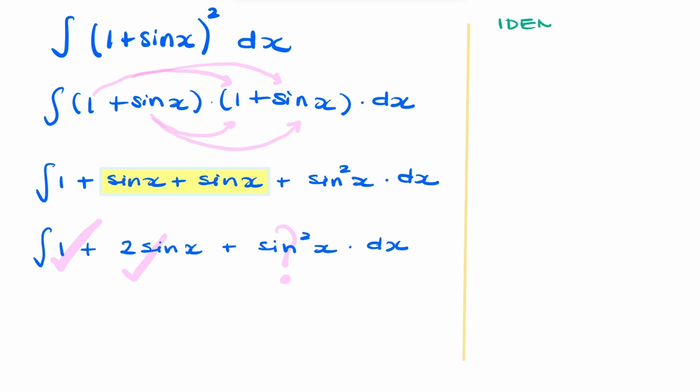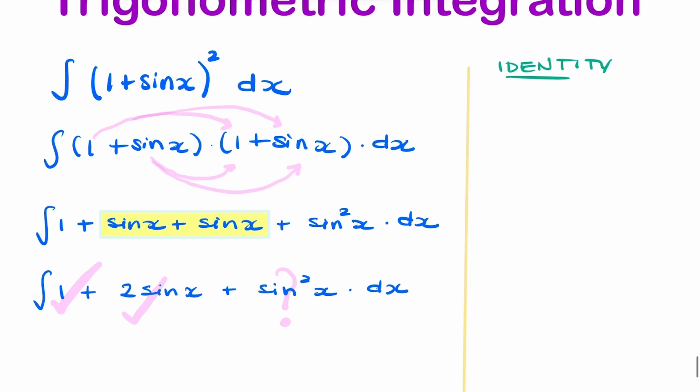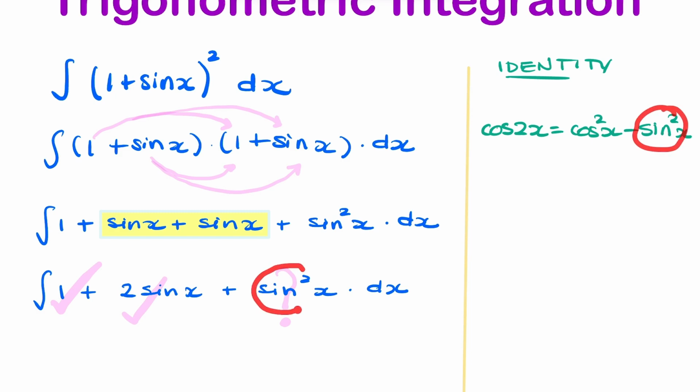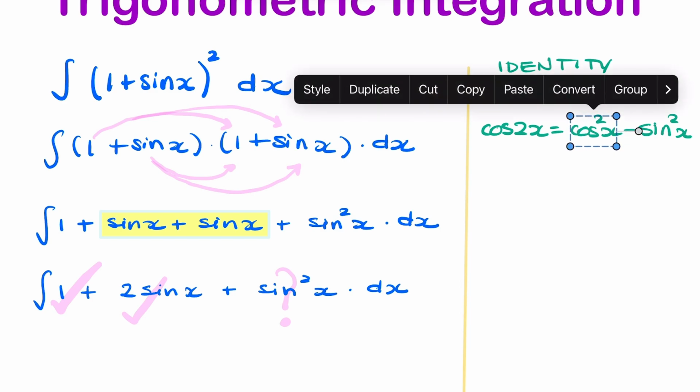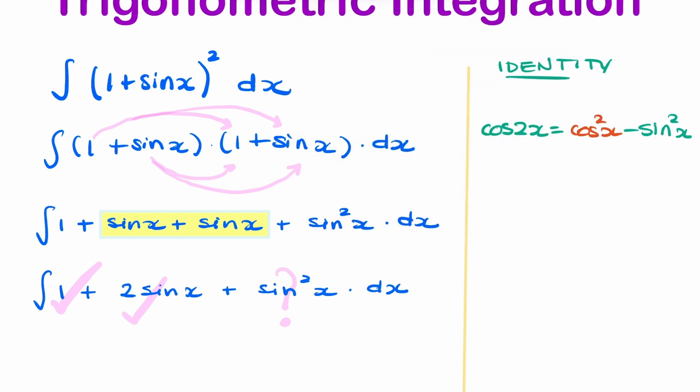So the identity I'm going to start with is cosine 2x. So cosine 2x is cosine squared x minus sine squared x. So this sine squared looks like this sine squared, so that's good news. We need to get rid of this cosine squared and rewrite it in terms of sine squared.